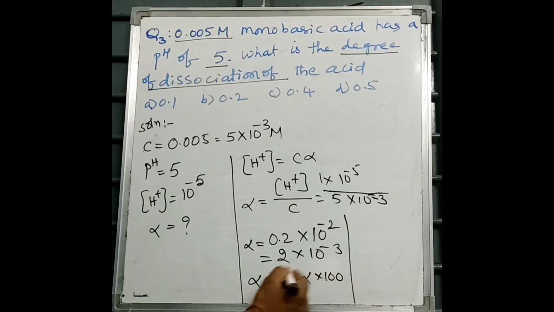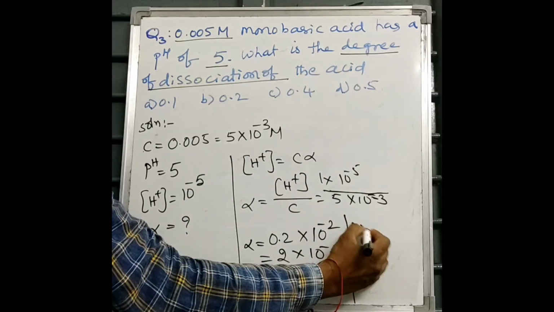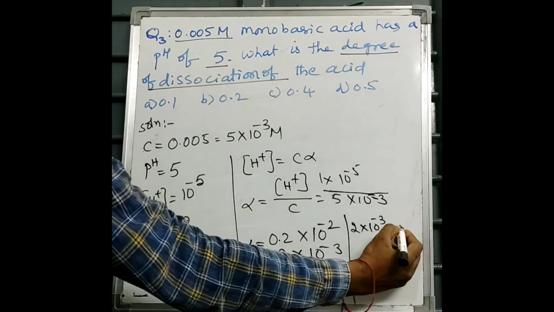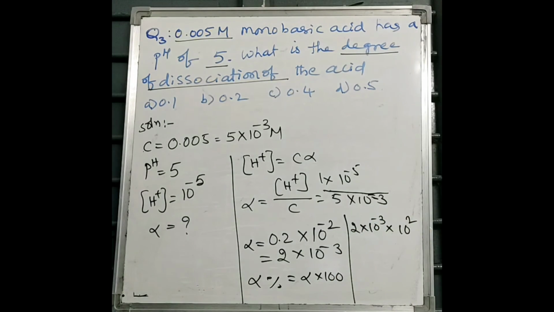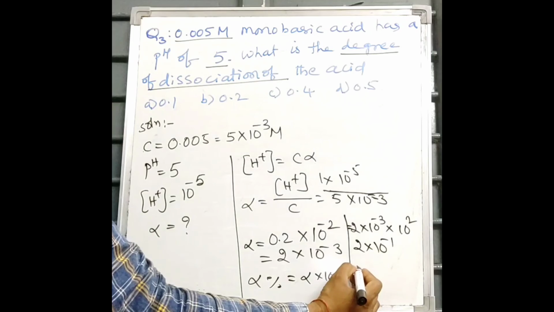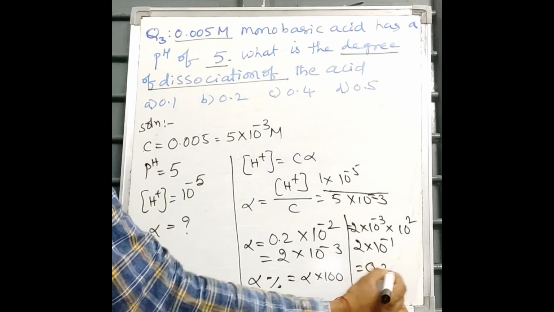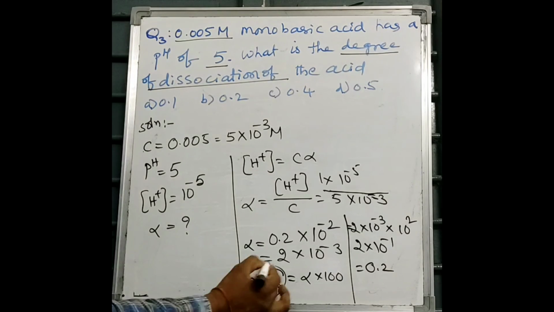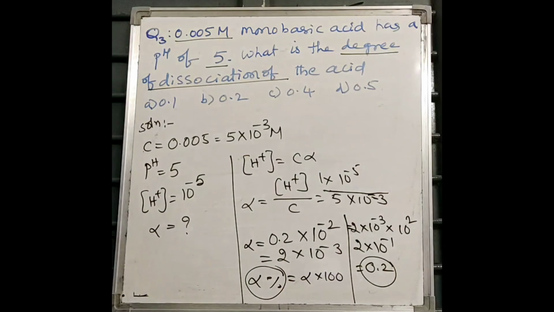Alpha is 2 into 10 power minus 3 into 100, so 2 into 10 power minus 1 is the result. 2 by 10 equals 0.2. 0.2 is the percent of degree of dissociation. Now the answer is B.